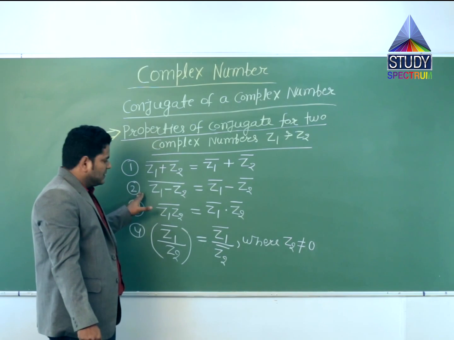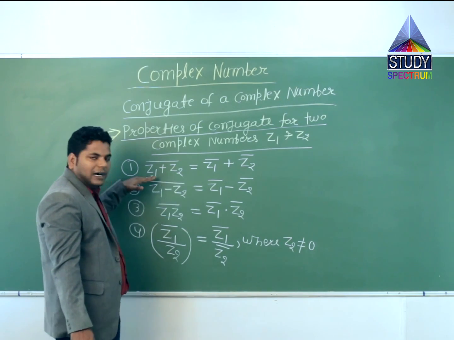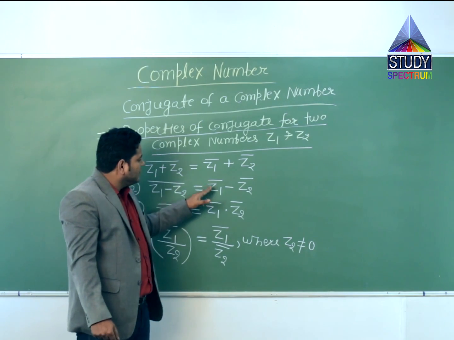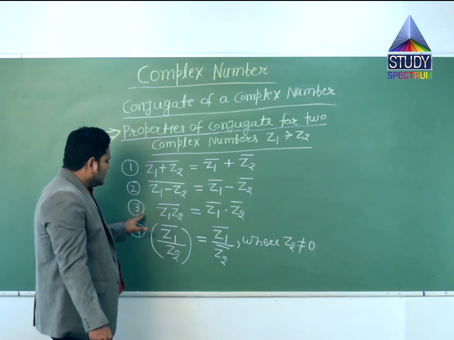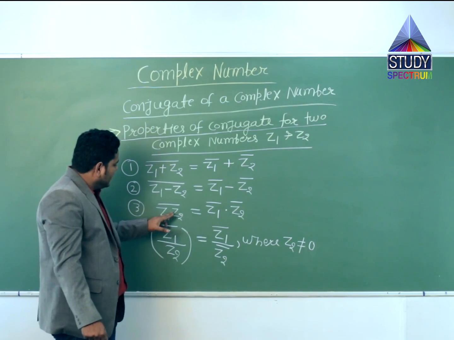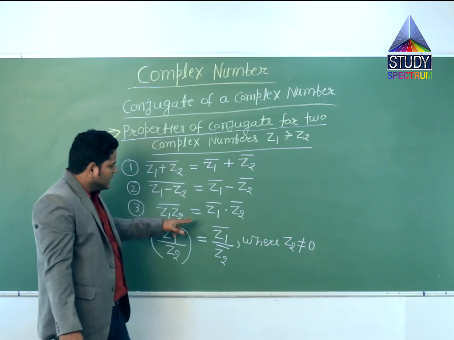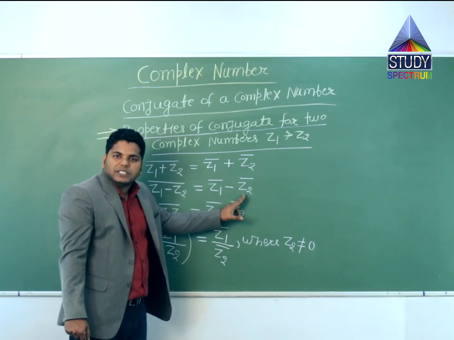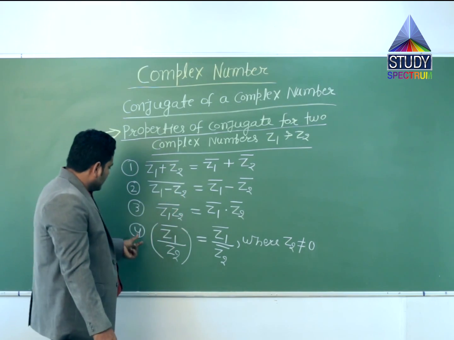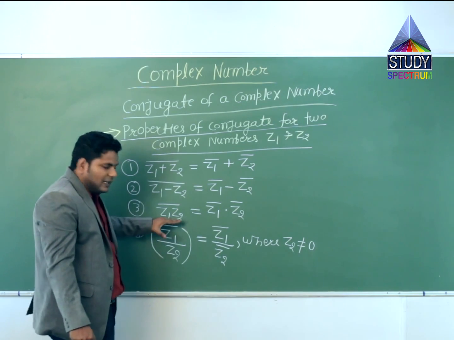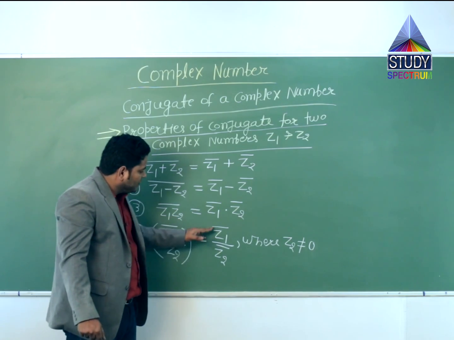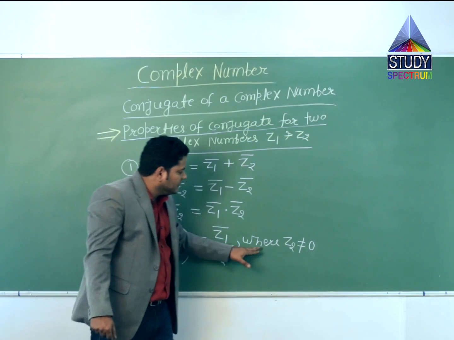The second property is Z1 minus Z2 whole bar is equal to Z1 bar minus Z2 bar. The third property is Z1 into Z2 whole bar is equal to Z1 bar into Z2 bar. The fourth property is Z1 by Z2 whole bar is equal to Z1 bar by Z2 bar, where Z2 should not be 0.